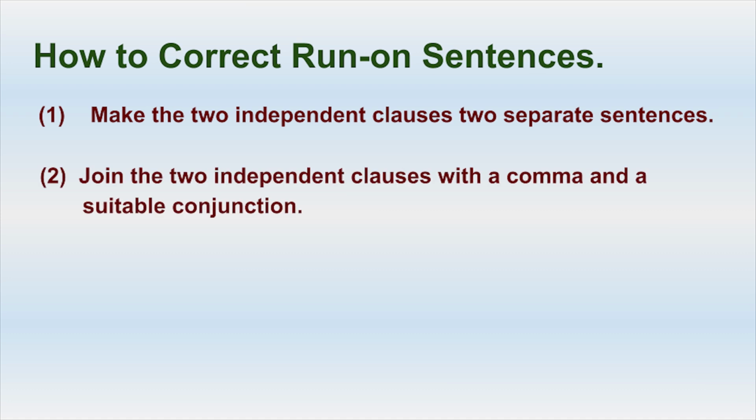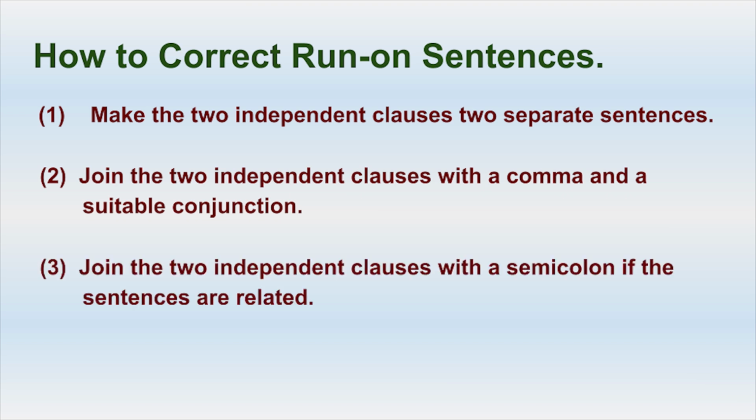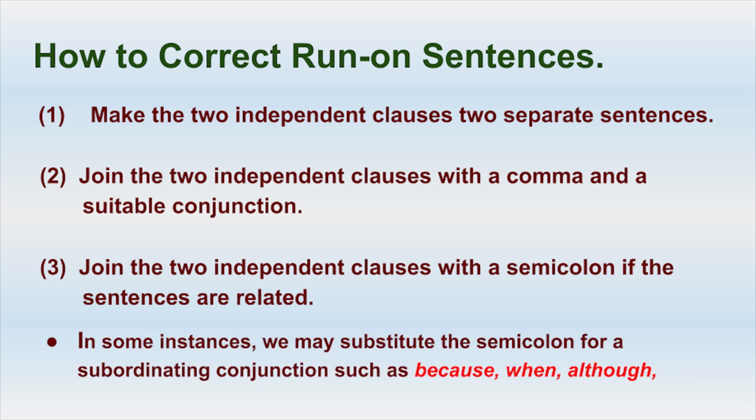Join the two independent clauses with a comma and a suitable conjunction. And 3. Join the two independent clauses with a semicolon if the sentences are related. In some instances, we may substitute the semicolon for a subordinating conjunction, such as because, when, although, etc.